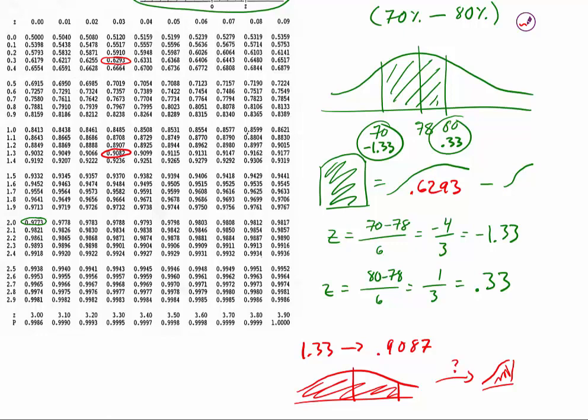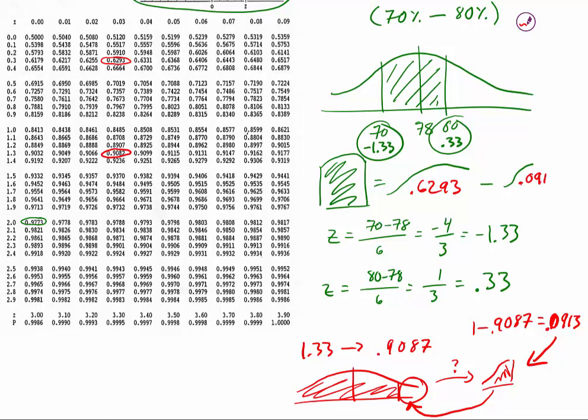Well, this small area is the same as what's left over here. So all we have to do is take 1 minus 0.9087. And that area is 0.0913. Okay, so 0.0913 right there.